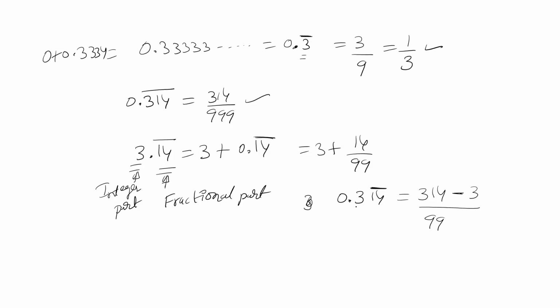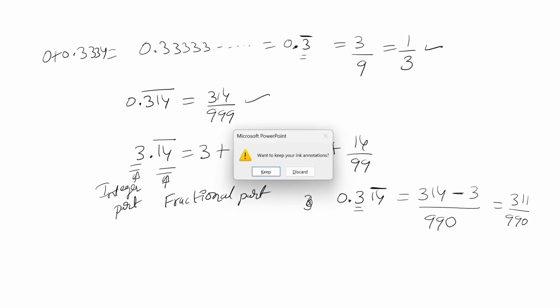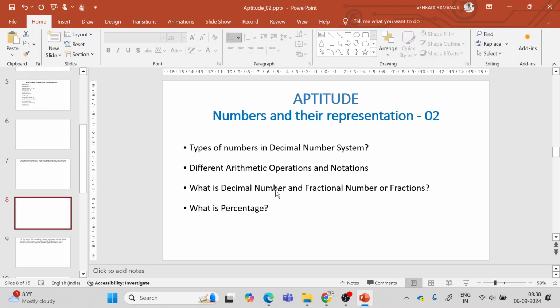And how many numbers after the decimal don't have the bar? Make that many zeros. One number doesn't have the bar, so add one zero, making it 990. So the number is 311 divided by 990. We can check with the calculator too.